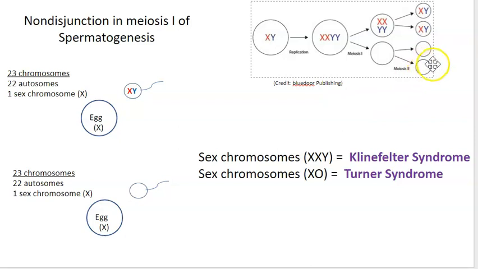If this sperm has 22 autosomes, no sex chromosomes, so here it is, 22 autosomes, no sex chromosomes, and it fertilizes my egg, what this is going to result in is a zygote that has 45 chromosomes, not 46. So again, 46 is what we expect: 23 from dad, 23 from mom, 46 in the zygote. But non-disjunction happened.